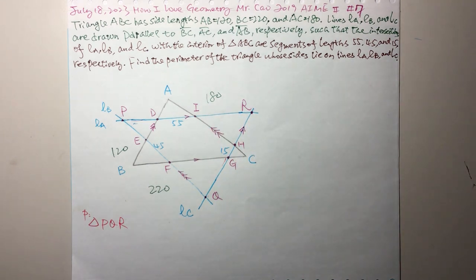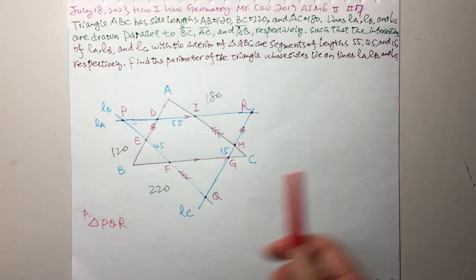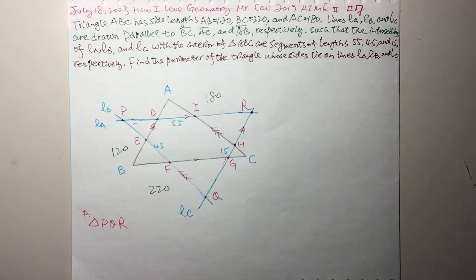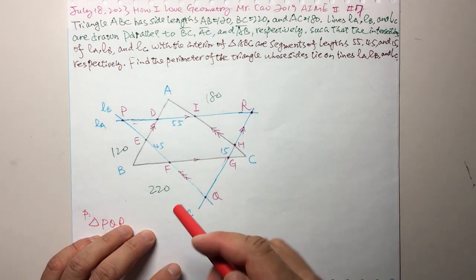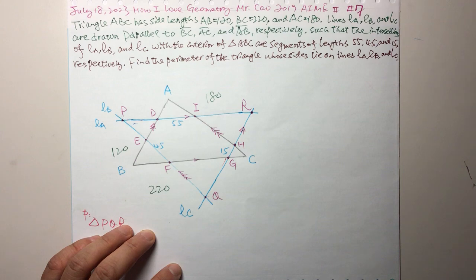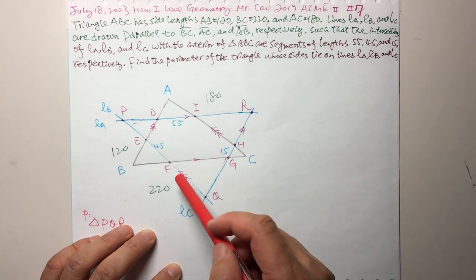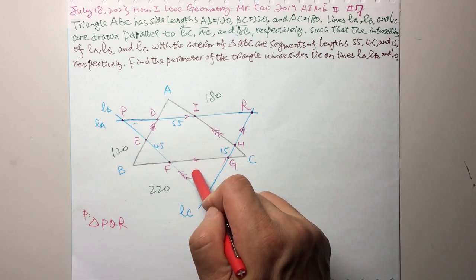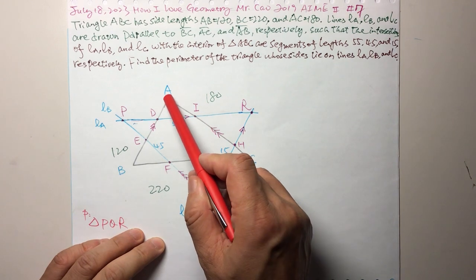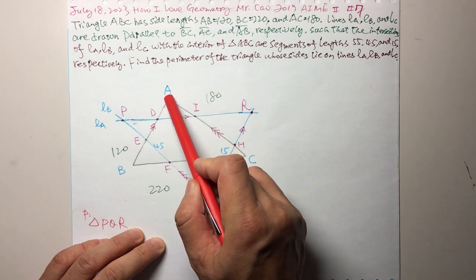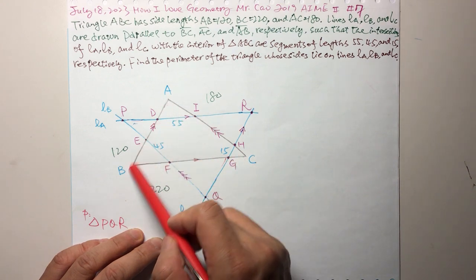The given information gives us a lot of parallel lines, so we have a lot of similar triangles, and we can use them to find the lengths we want. First, triangle ADI is similar to triangle ABC.